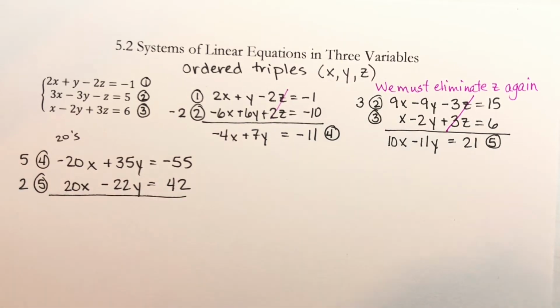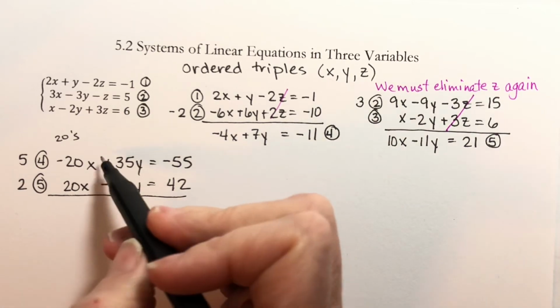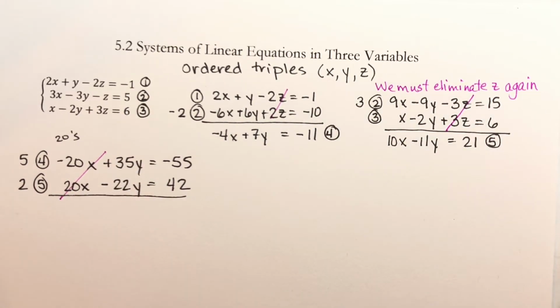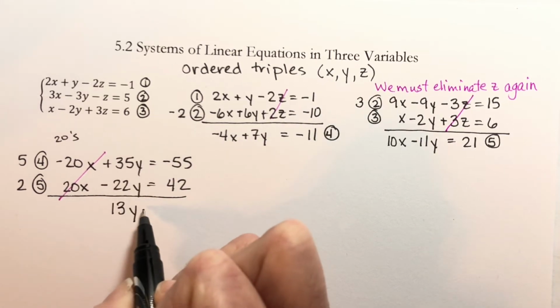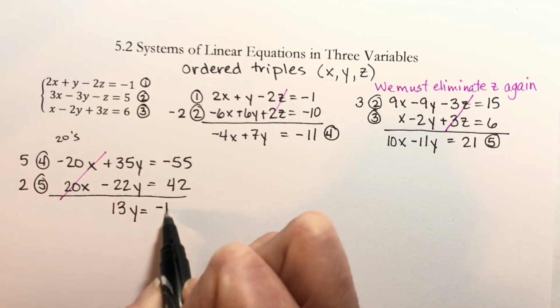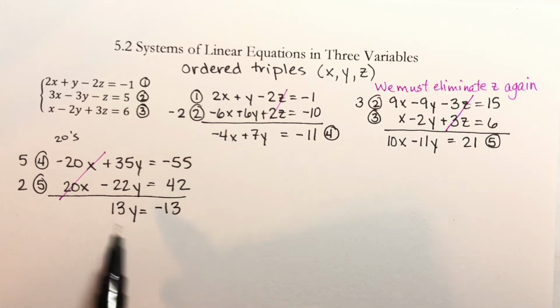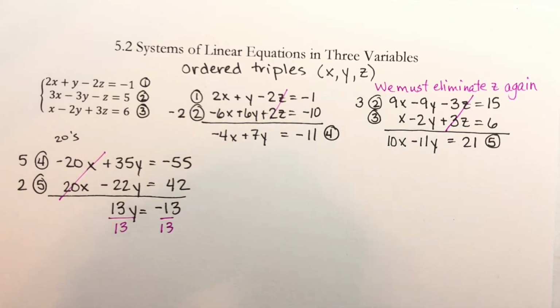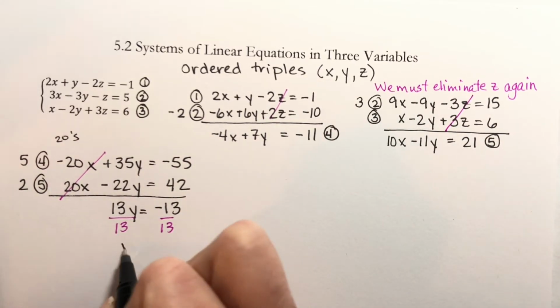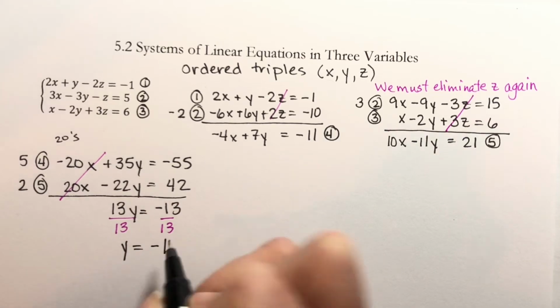Now add these together. Your x's cancel out, and we get 13y is equal to negative 13. So this we can solve, and we can find y. Divide both sides by a 13. And we know that your y value is equal to negative 1.